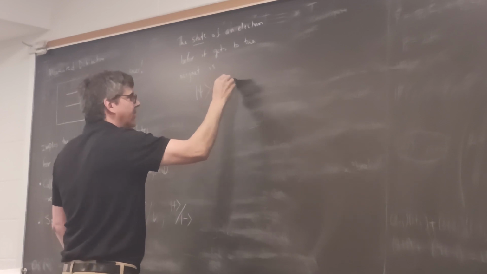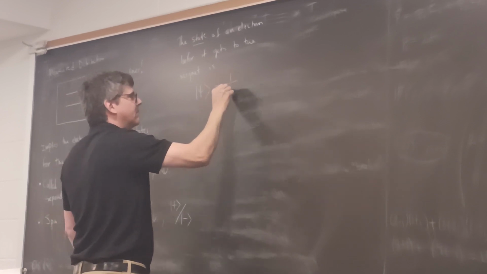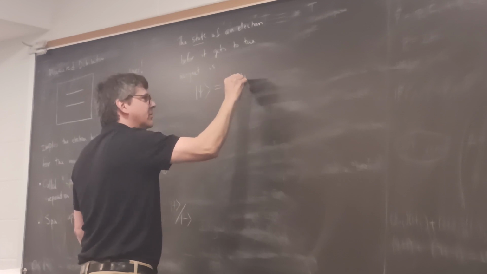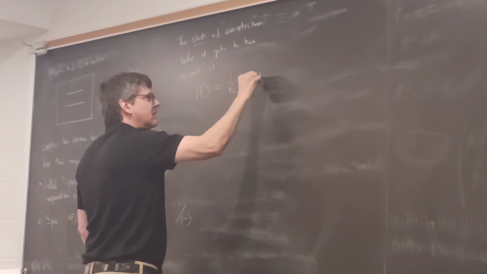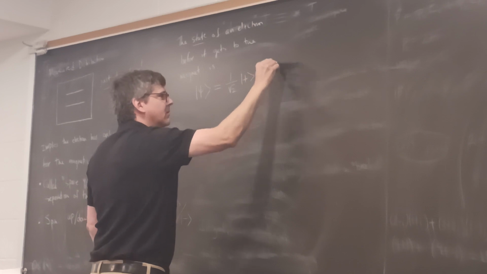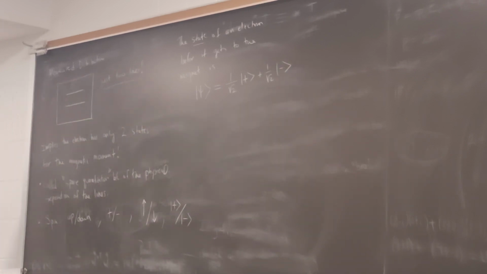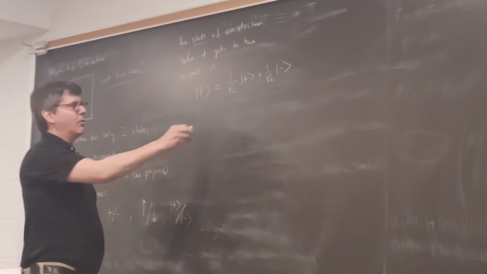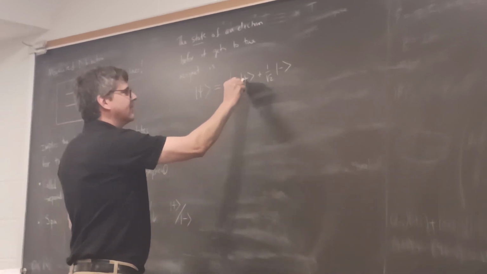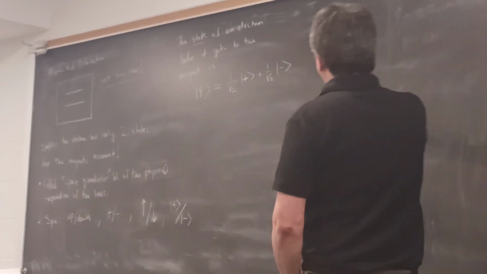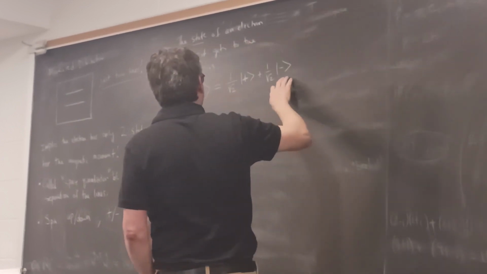Now it's just going to be an equal mixture of up and an equal mixture of down. So that's the state of the electron, okay? So when we write this, it means that I haven't made a measurement on this state yet.